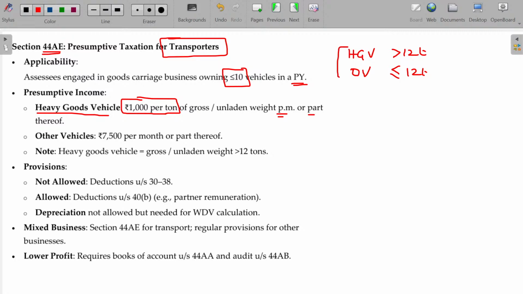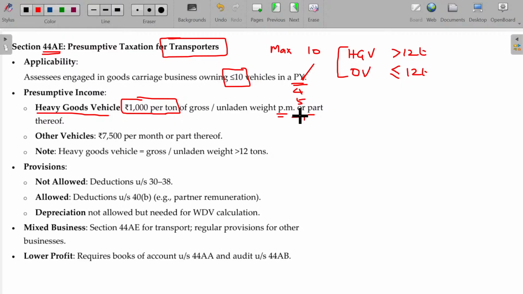Okay, these two put together, maximum how many numbers can you have? 10 numbers on any of the days in the previous year. Buy and sell: you purchased, you sold 5 items, purchased 5 items, no problem. But if you sold 4 items and purchased 5 items, the next day you sold 1 item.